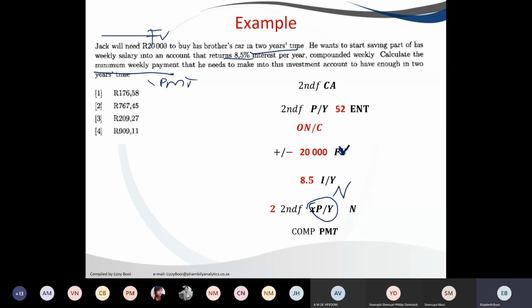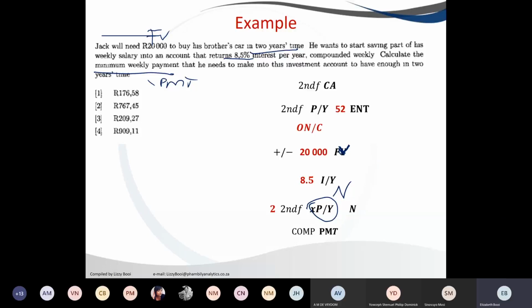With 5 decimals, I have 176.58121. So always remember money is in 2 decimals, unless otherwise stated, for example to the nearest tens. And that's how you use your calculator to calculate future value questions of an annuity.